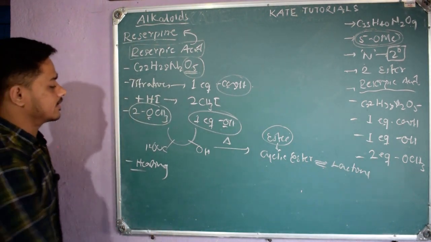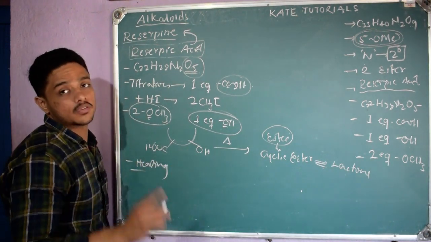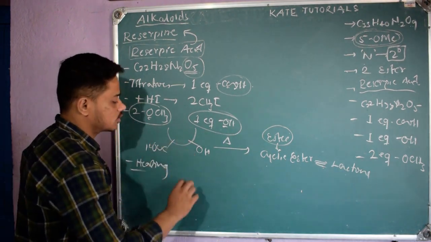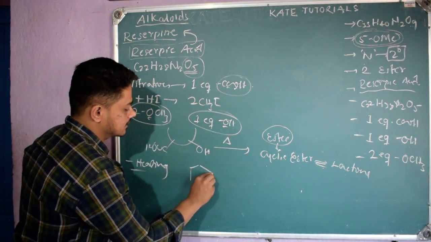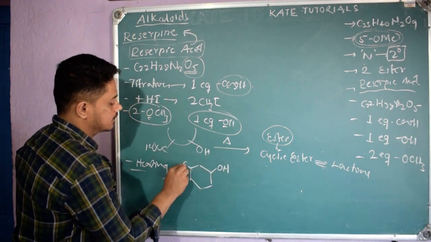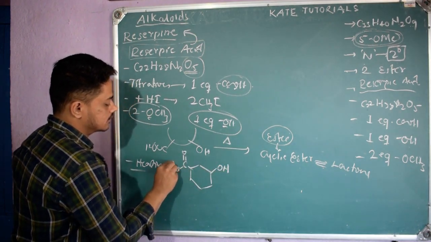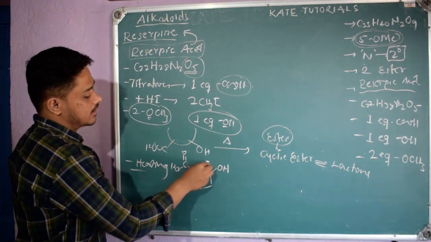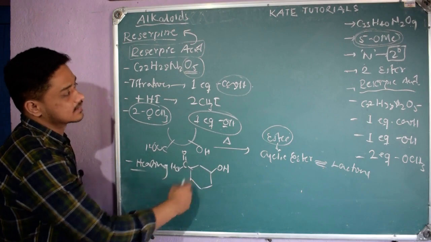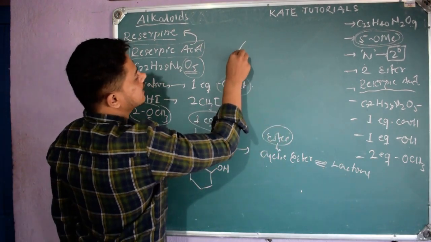It means that the COOH group and the OH, which were one equivalent each, are both present on the same ring. So let us assume it is like this: both OH and COOH on the same ring. When we heat, they react. And we never write cyclohexane like this; cyclohexane is written in chair form.